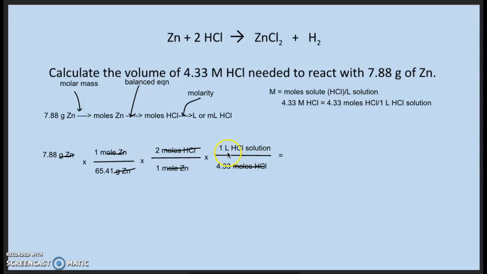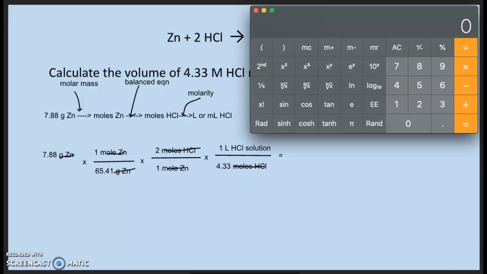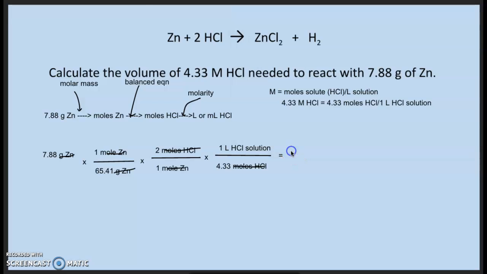And I'm going to be left with liters of solution at the end of this, which is a volume, something I can use. 7.88 multiplied by 2 divided by 65.41 and divided by 4.33, I get an answer of 3 significant figures, 0.0556 liters.